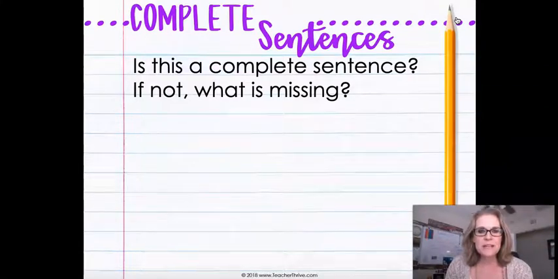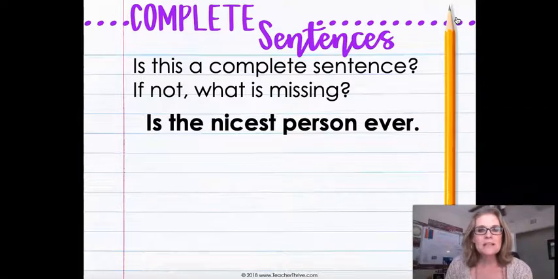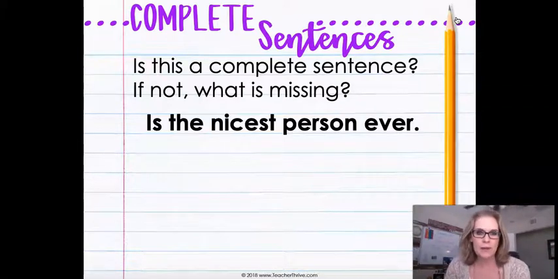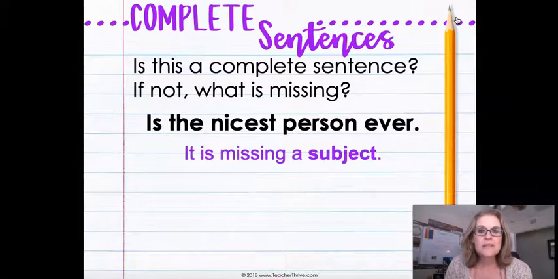Is this a complete sentence? If not, what is missing? Is the nicest person ever. What do you guys think? Does it have a subject and a predicate? Is the nicest person ever. Who is the nicest person ever? Is it Mrs. Clevenger? Is it Mrs. Nunez? Who are we talking about? It's missing a subject. We call that a fragment.